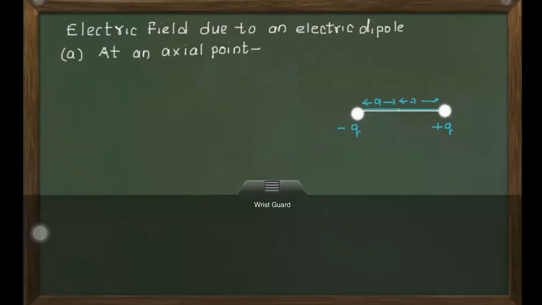And if I take a point on this axis, that point will be called an axial point.